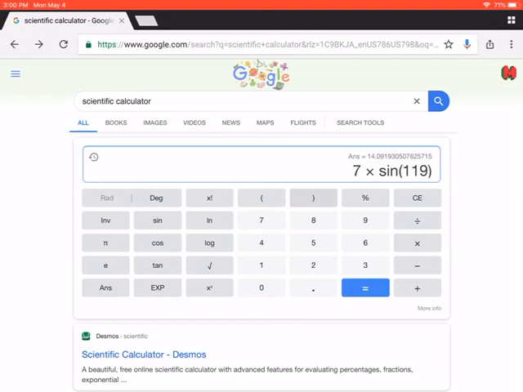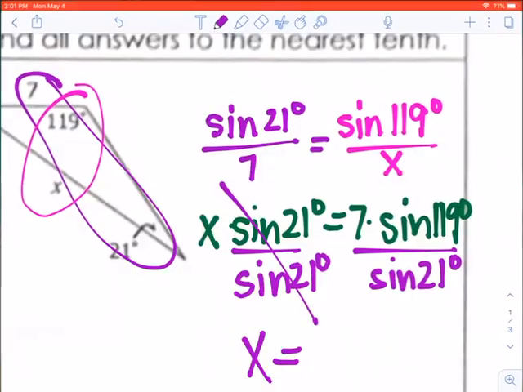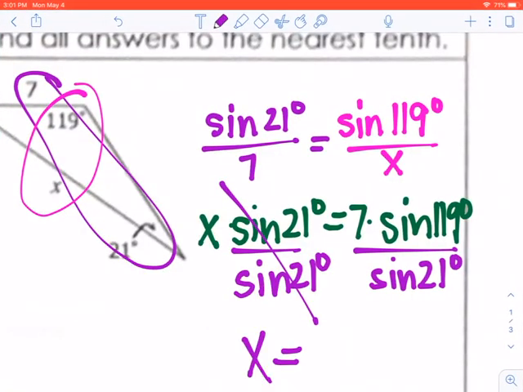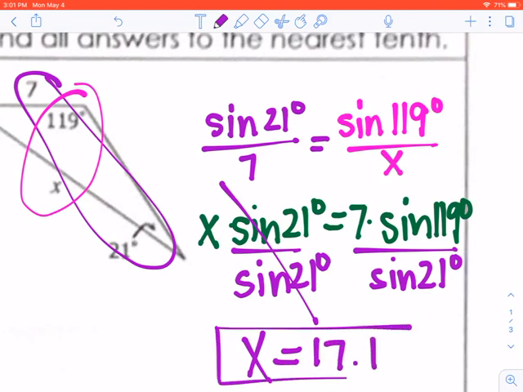I'll close my parenthesis. I get some number, and I'm going to take that number divided by sine of 21 degrees. Close my parenthesis, and there we have it, 17.0839. I'm going to round it, 17.1. And we found our value of x.